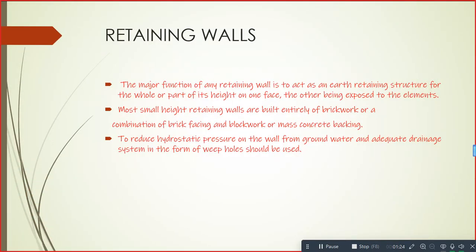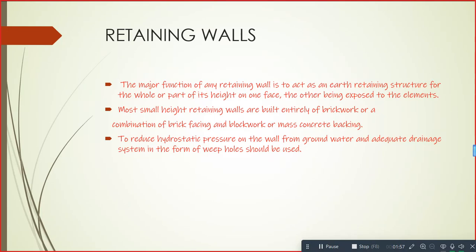So as you can see, we have retaining walls, and we have the major functions of retaining walls, which is to act as an earth retaining structure for the whole or part of its height on one surface. Most small height retaining walls are built entirely of brickworks or a combination of brick facing and blockwork or mass concrete backing, as you normally do it on the site.